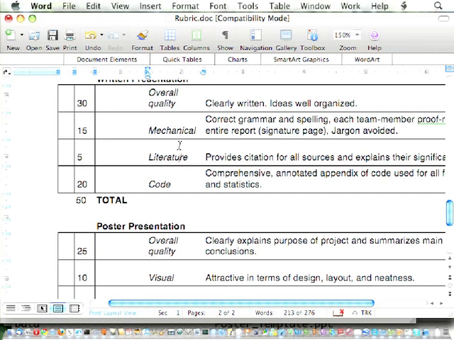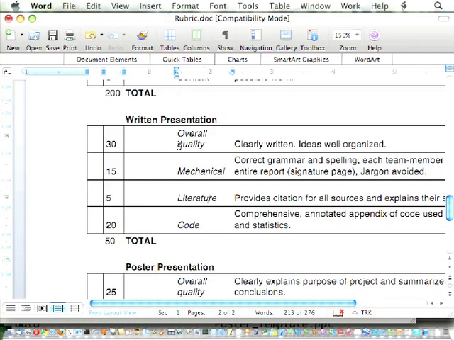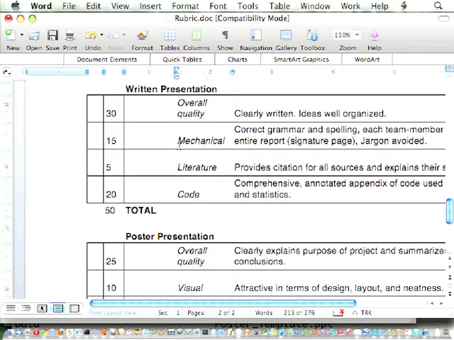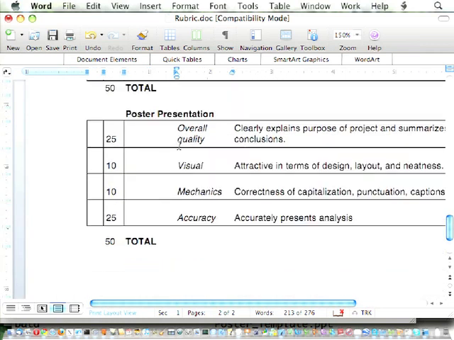So you won't go to negative. It'll go to 0 as the most. But clearly, what I want you to focus on is making sure that your written presentation and your poster presentation follow all of these things. Like they are clearly explaining the purpose, they're attractive in terms of design, they're correct in terms of punctuation, et cetera, and they accurately present your analysis.